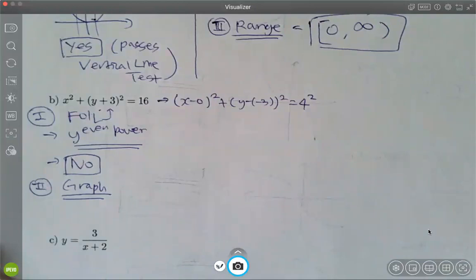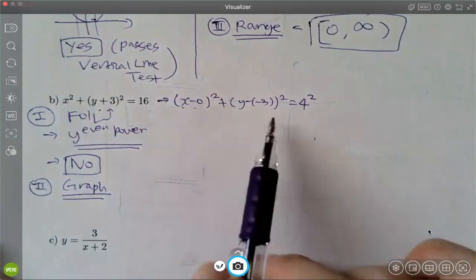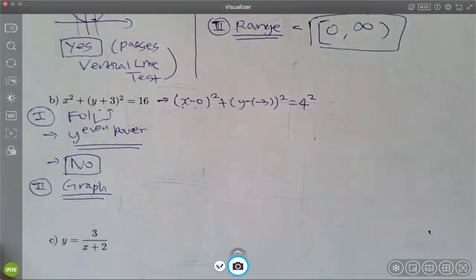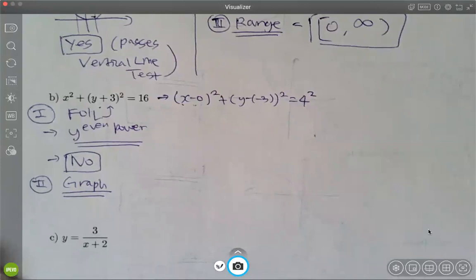How does the graph look like? (x minus h) squared plus (y minus k) squared equals r squared. Have we seen that before? It's a circle. Yes. Okay, so the graph is a circle.